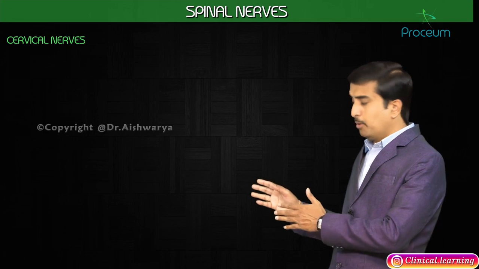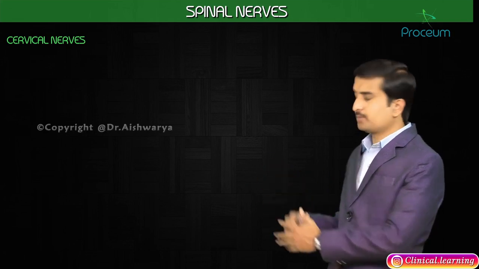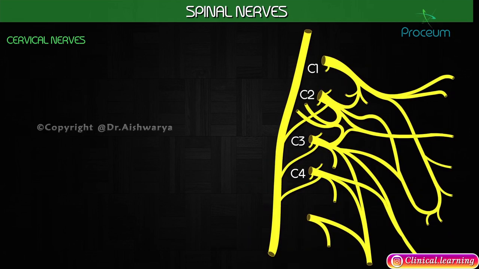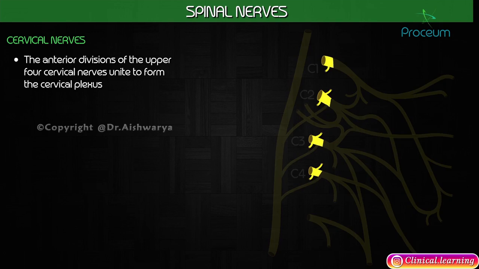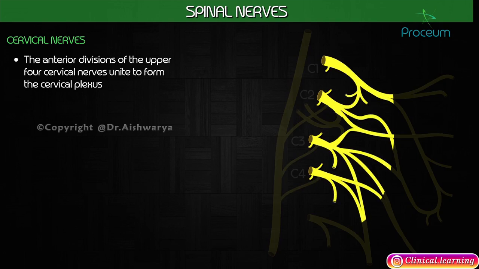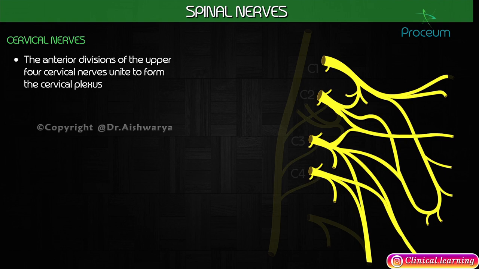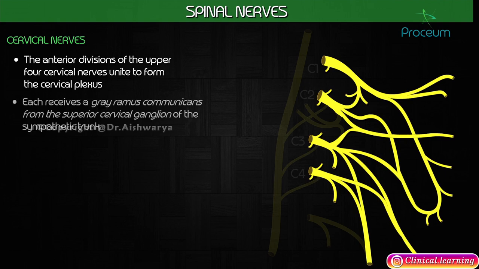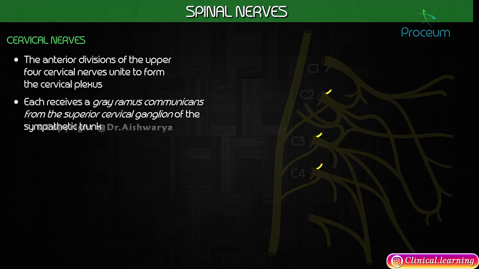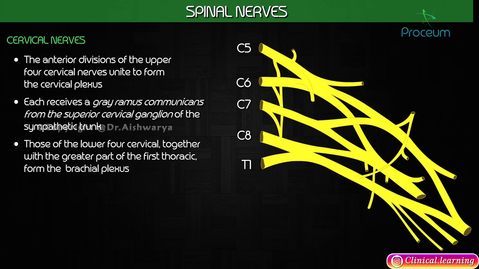And now let us talk about the cervical nerves. So the anterior divisions of the upper four cervical nerves unite to form the cervical plexus, and each receives a grey ramus communicans from the superior cervical ganglion of the sympathetic trunk, and those of the lower four cervical together with the greater part of the first thoracic form the brachial plexus.